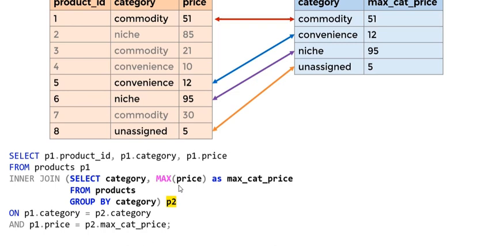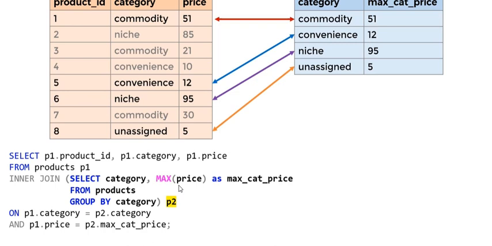Using a correlated subquery is easy, but in a self-contained subquery we have to use an inner join. Select product id, product name, price as product, and inner join. Again select category and max price as max price from the same products table, and group by category.